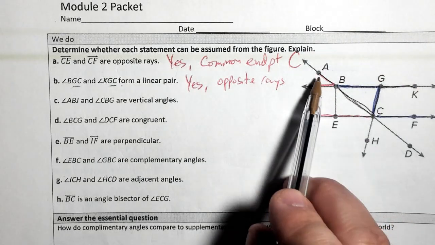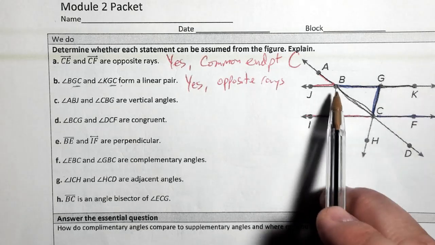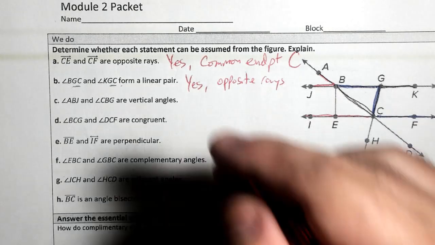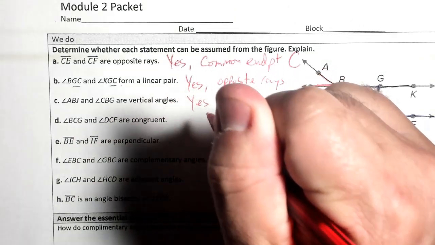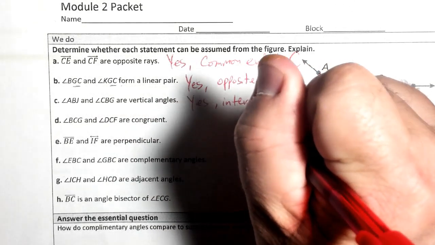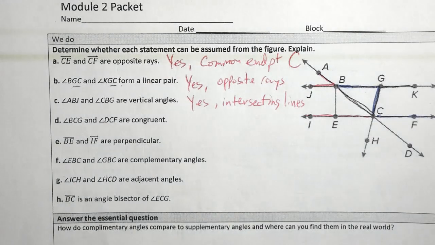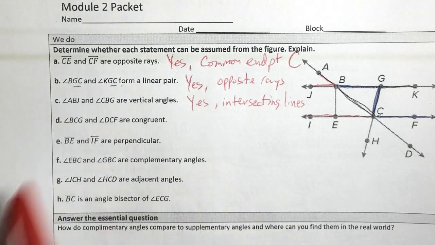And so this line AD and this line JK intersect, so for C, yes, these guys are vertical angles, and it's because those are intersecting lines.